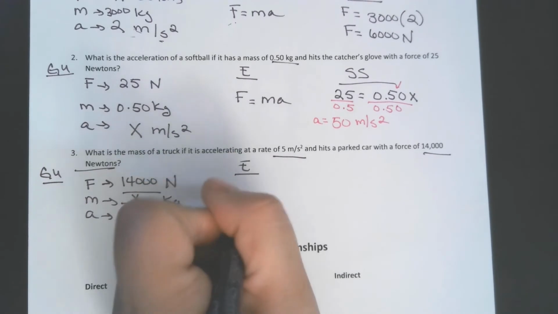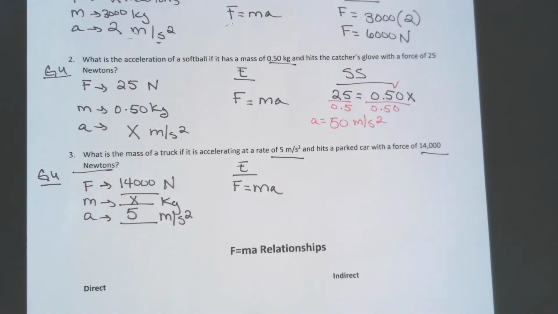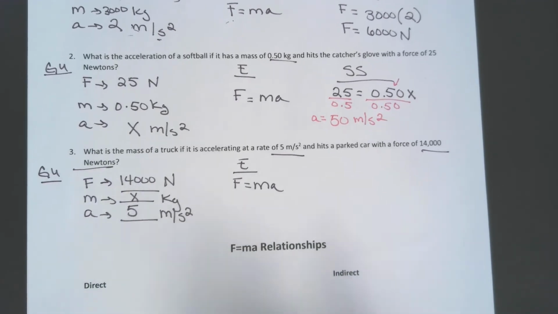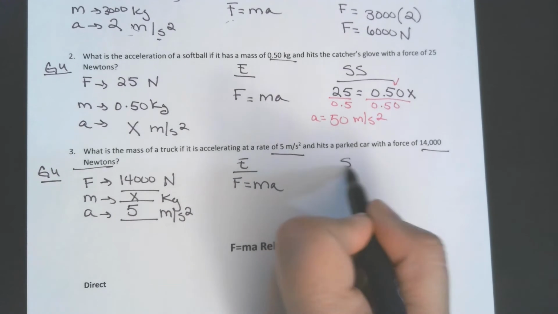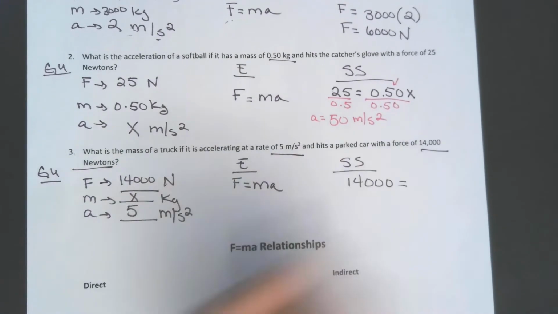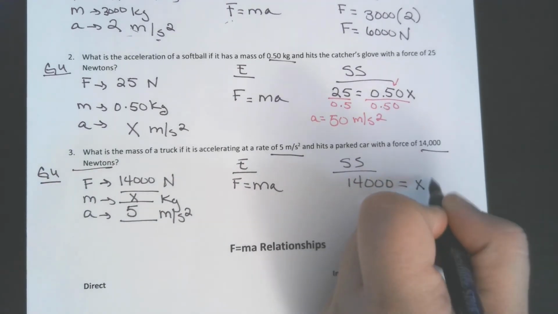The equation is the same, F equals ma. And now I want you to pause the video and see if you can substitute correctly into F equals ma. Okay, now that you unpause the video, you should have written 14,000 equals x times 5.